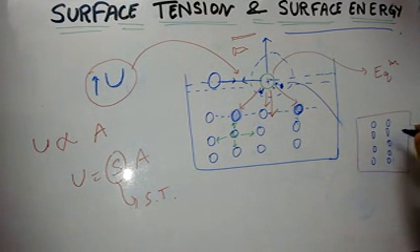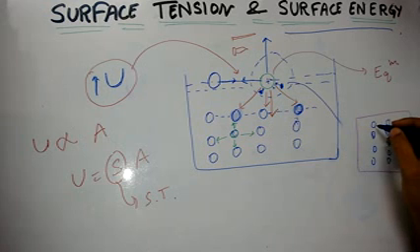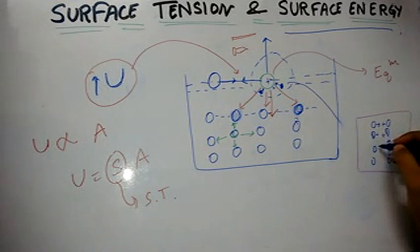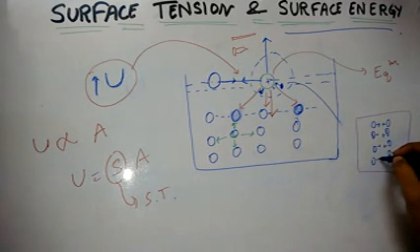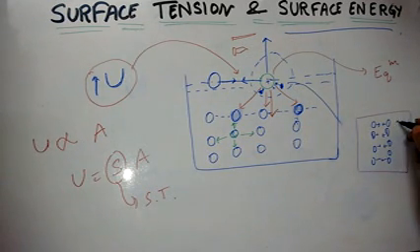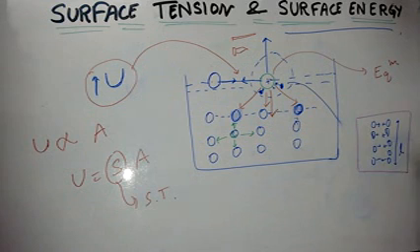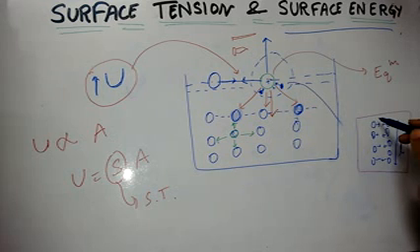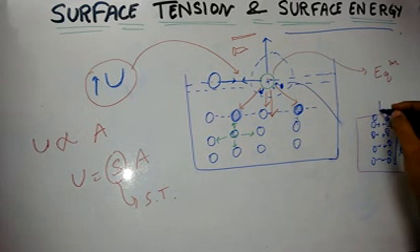I know my molecules are not very handsome, but anyway they are molecules, and there is a force of attraction between them. This is the length, and there are an infinite number of molecules, but I have two rows, row 1 and row 2. The total force of attraction is F.